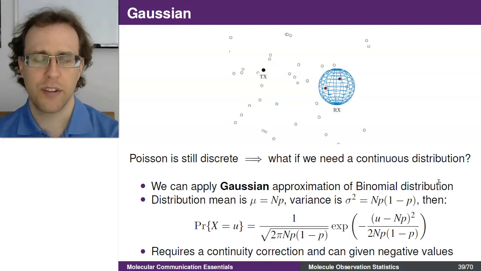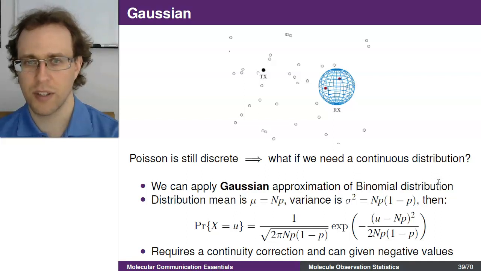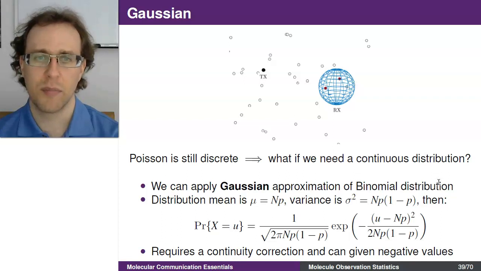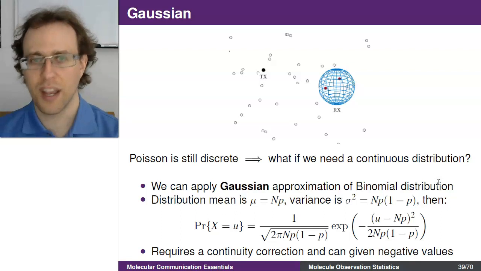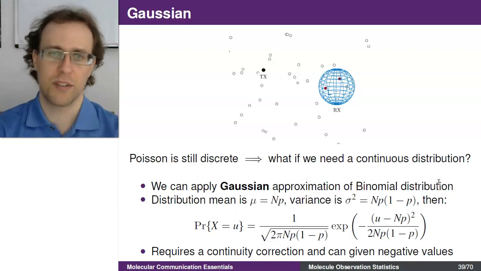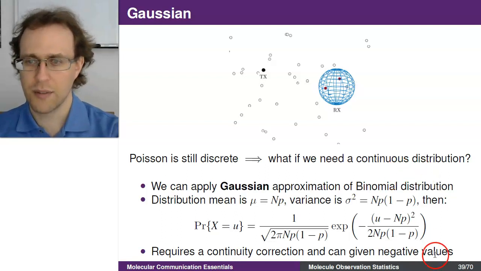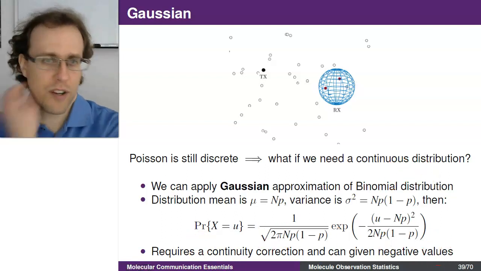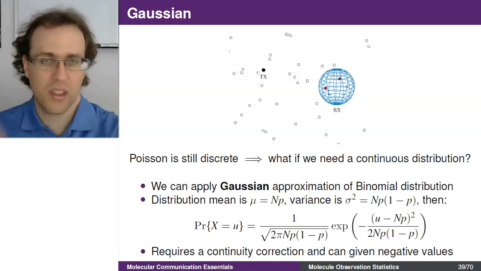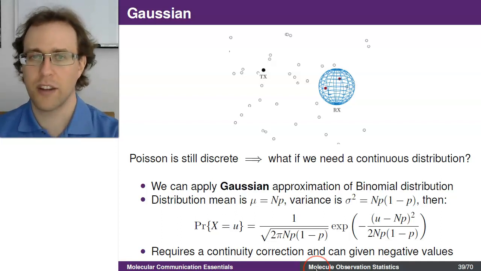And you also need to watch out for negative values, since the Gaussian is defined over the whole real domain, so it's possible that you can end up with a stochastic realization that the number of molecules observed will be negative, which is obviously invalid. So there are some details to watch out for when dealing with the Gaussian, but otherwise it can often be quite accurate.